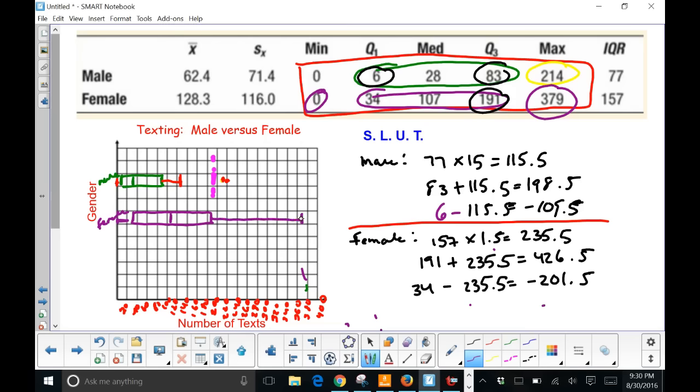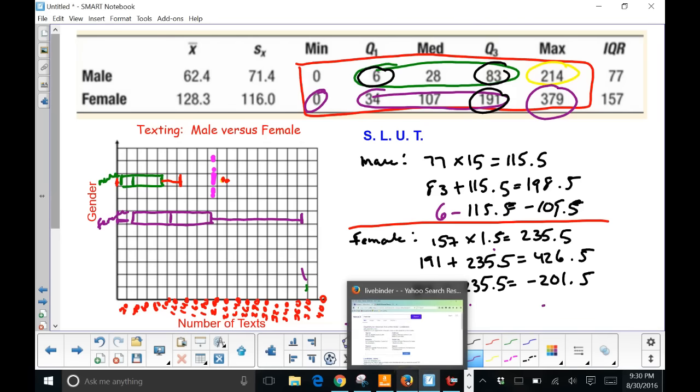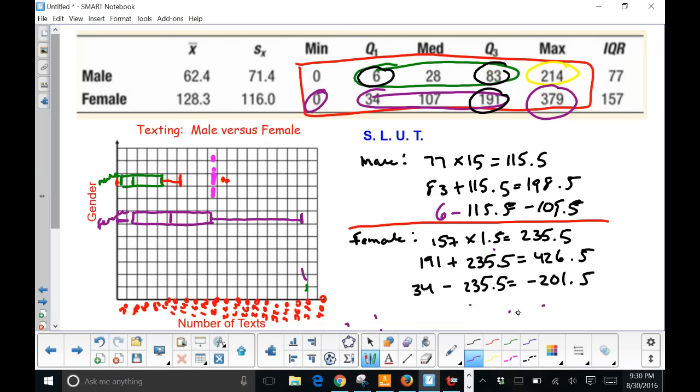So again, the tail is drawn to the last score that is not an outlier. You must show your work for these outlier tests. You're going to subtract 1.5 IQRs from the lower quartile, add it to the upper quartile. Those will give you your dotted lines that are the fences. Anything beyond those are outliers.